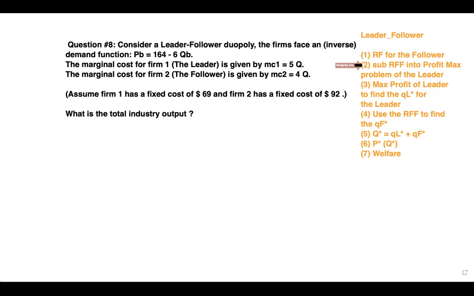They know what the follower is going to do, and the follower doesn't know what the leader is going to do. So there's no reason for the follower. We either say that the follower literally doesn't know the leader's reaction function, or that the follower doesn't have access to that information in making their decision.